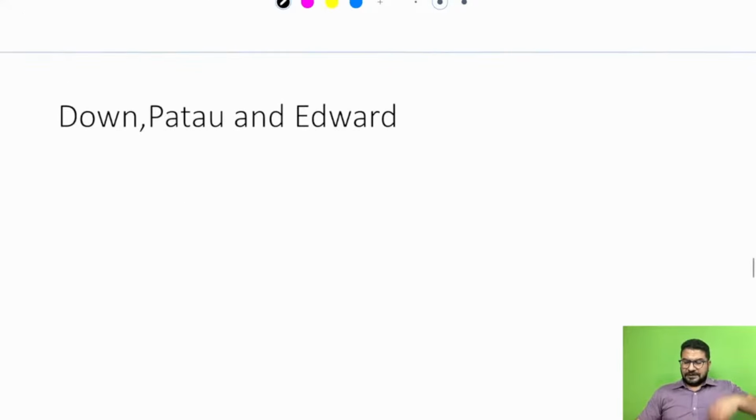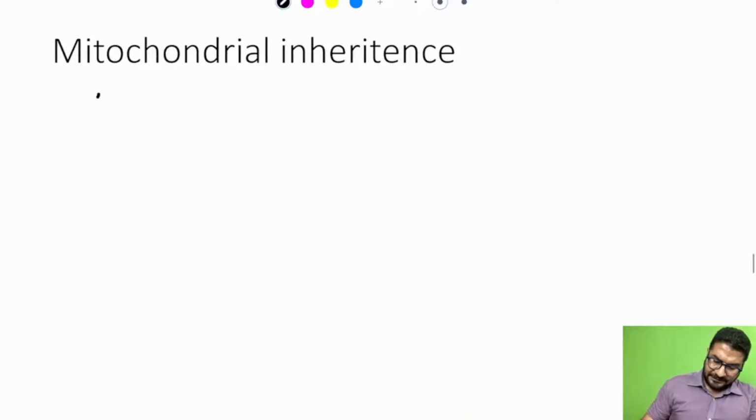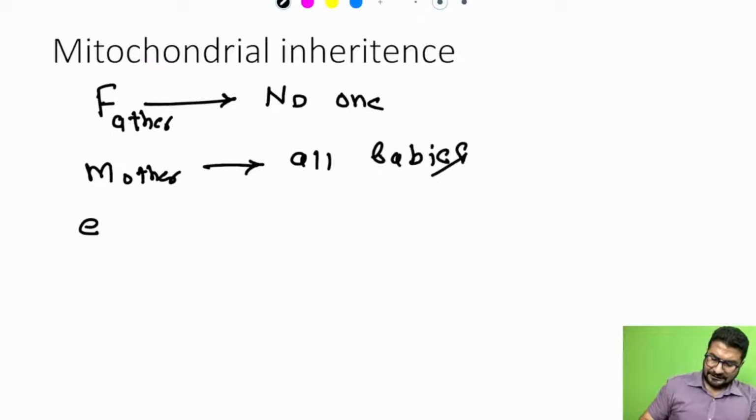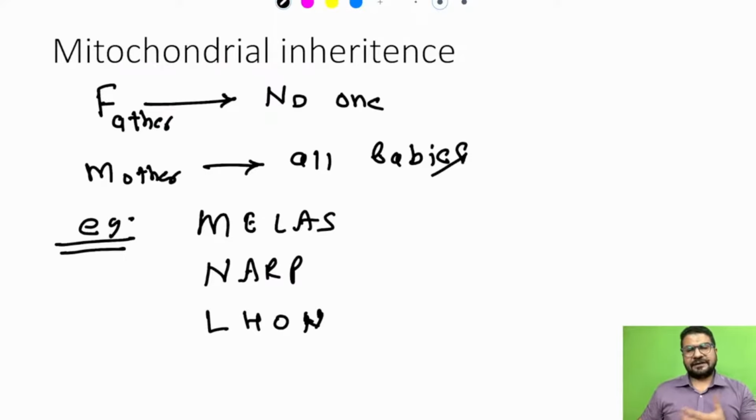Okay. Now, Down, Patau, Edward, questions come again and again. Mitochondrial inheritance we had already studied. Inheritance is from mother, not from father, and it will affect all babies. And the classical examples which you have to remember are MELAS, NARP, LHON. MELAS is mitochondrial encephalopathy, lactic acidosis, stroke.